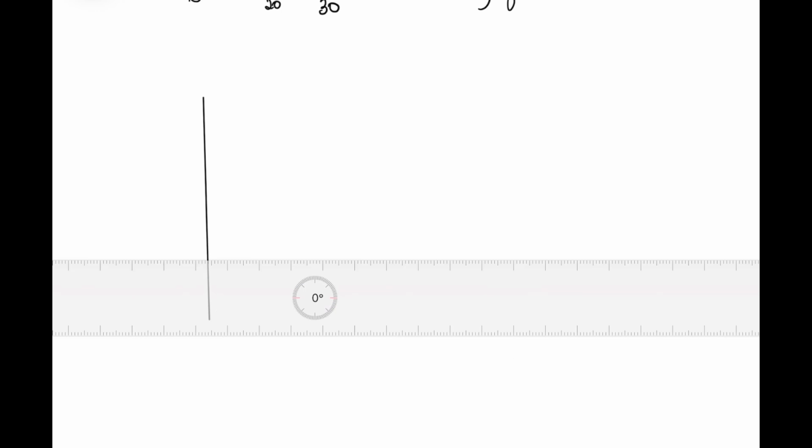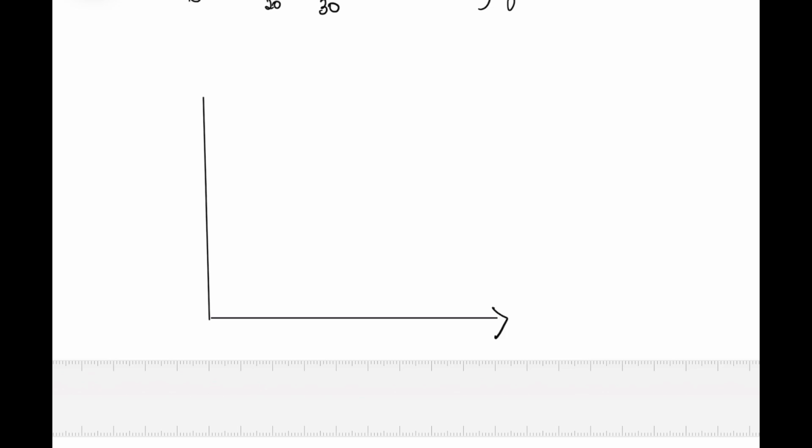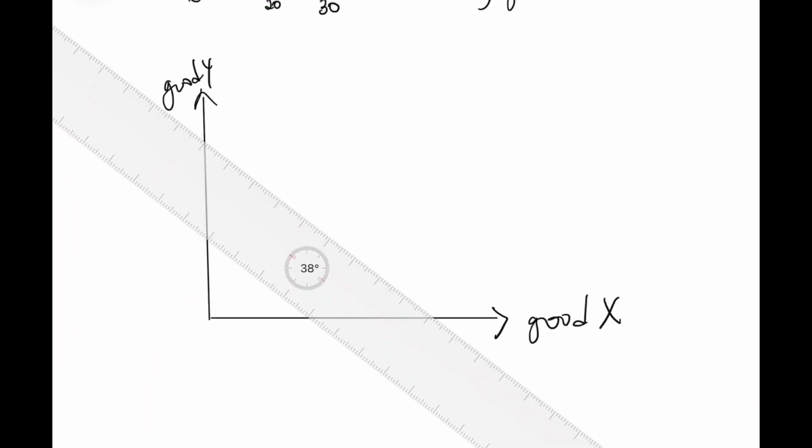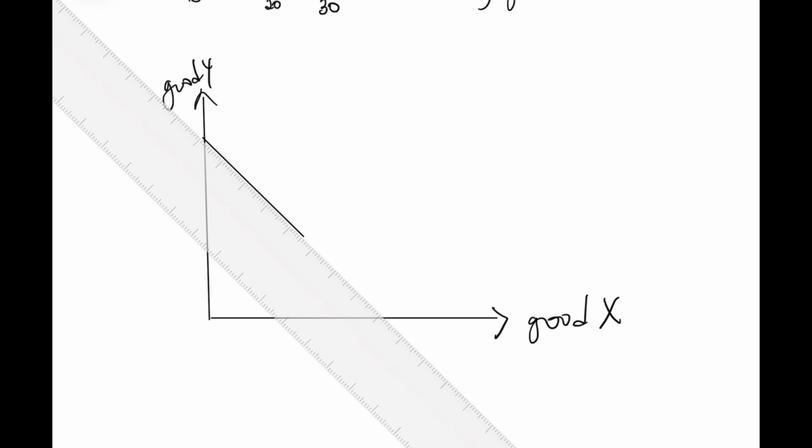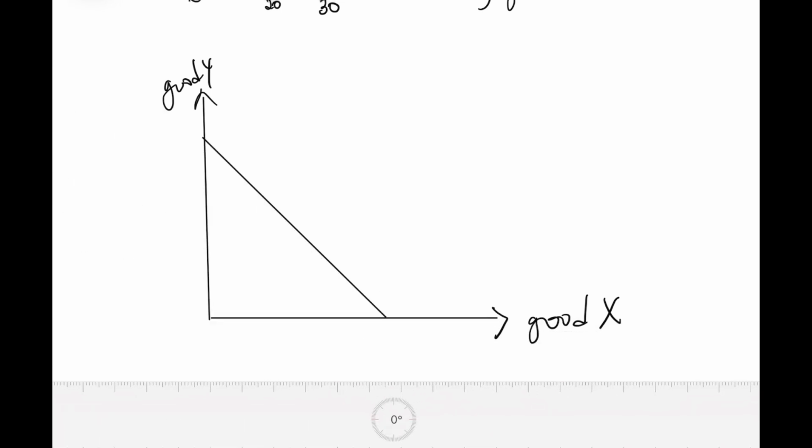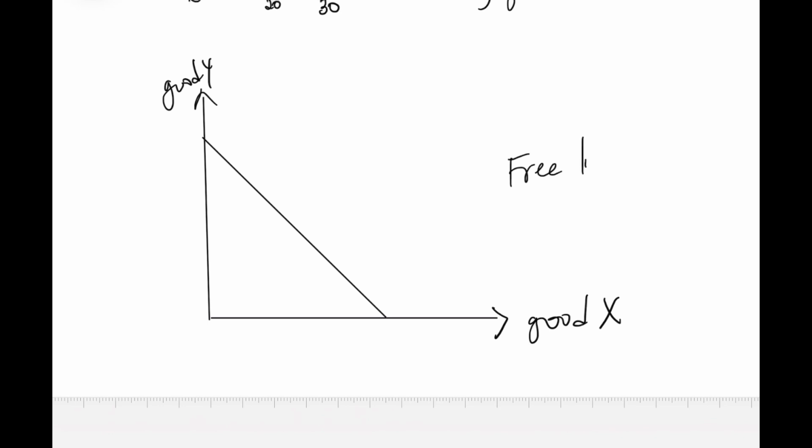Again, I will draw a separate graph to show us what a free lunch is so that you are not focusing on all these other points here. And pardon me if this is still crooked in spite of my ruler. All right, so we have here good Y and good X, and we have our linear PPF and we want to show a free lunch.